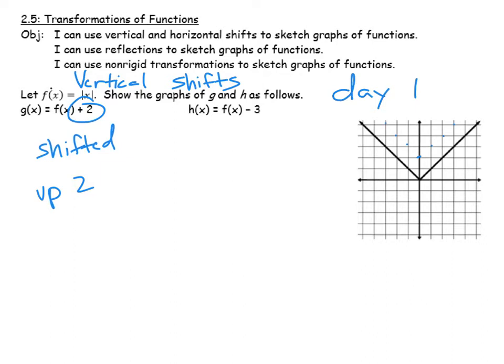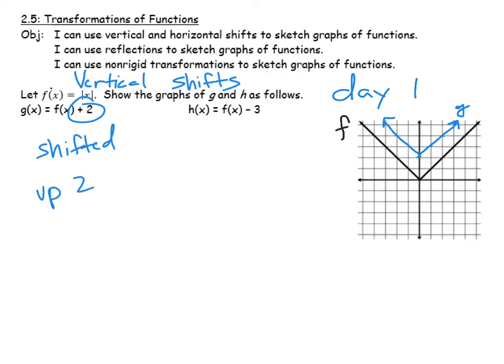Not a bad idea to label them. The original graph, f, is the absolute value. The function g is that graph shifted up 2 units, which I'm doing in blue. And there is g. Vertical shift up 2 units. That's what that plus 2 does at the end.